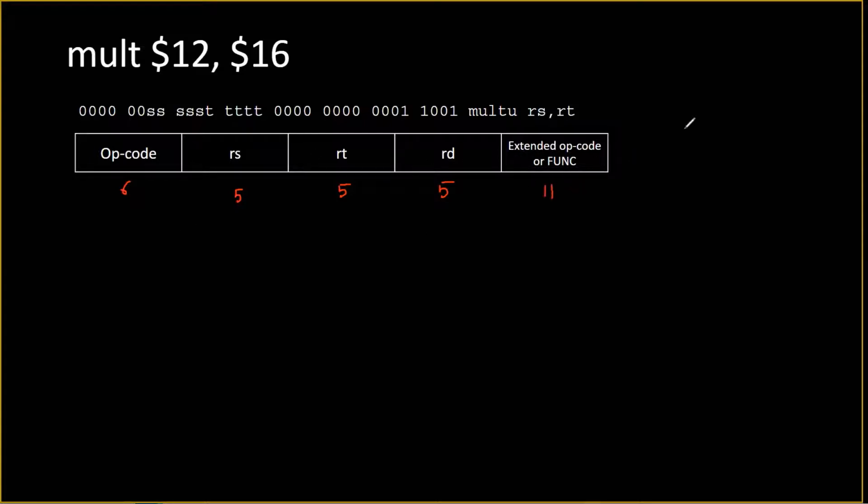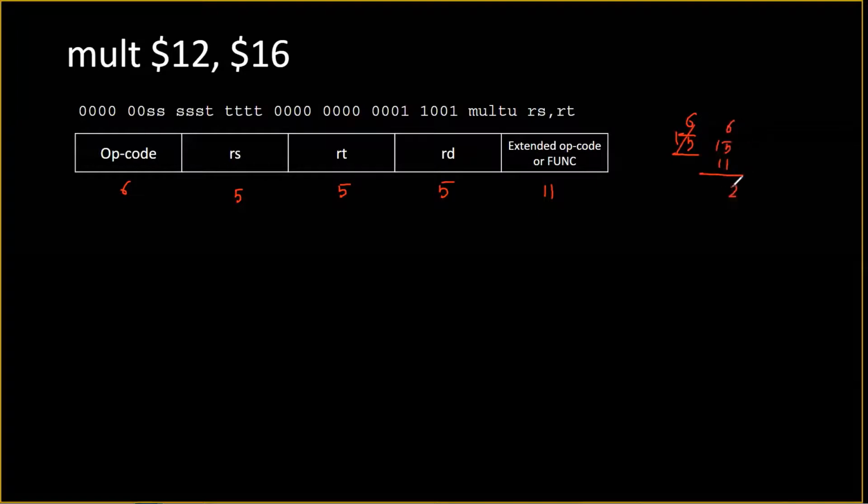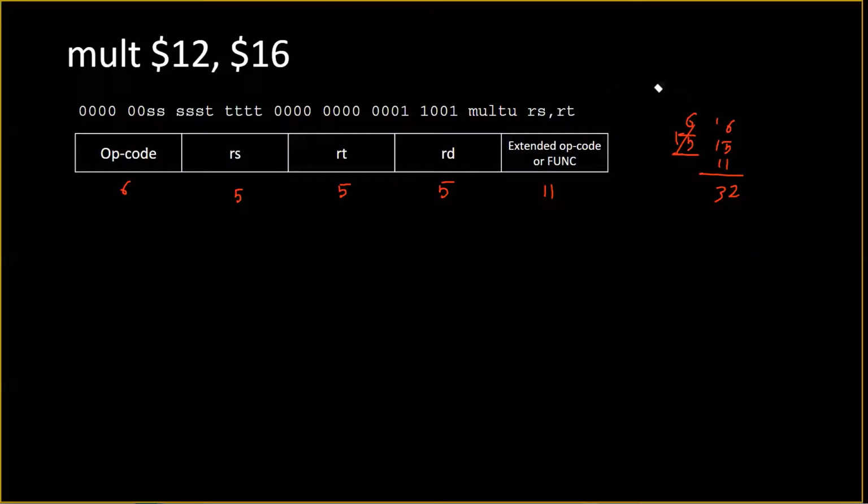So if you add all of these, 6 plus 15 plus 11, that is going to be 32. So that's basically the 32-bit R instruction. Okay, so let's start.